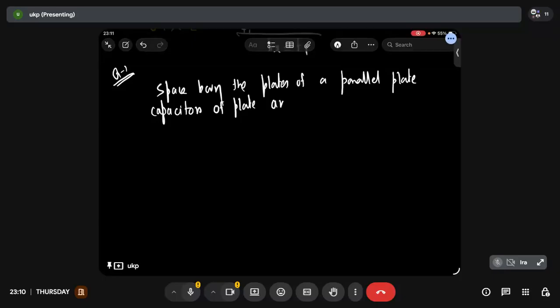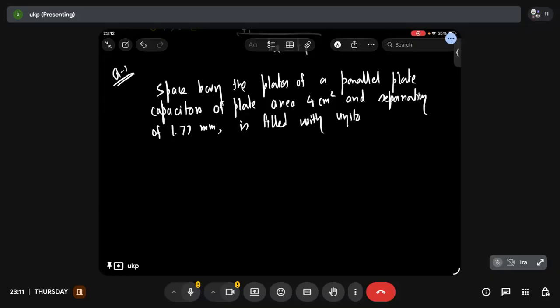Space between the plates of a parallel plate capacitor of plate area 4 centimeter square and separation of 1.77 millimeter is filled with uniform dielectric materials with dielectric constant.